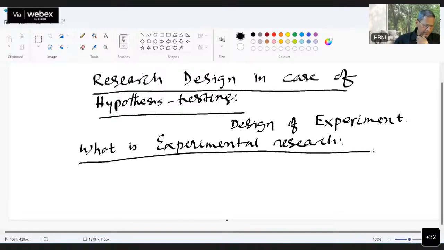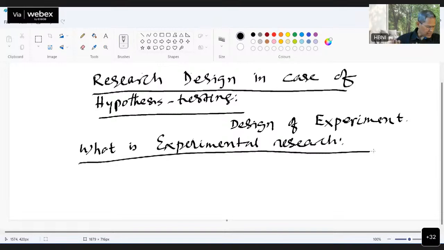The main purpose of experimental research is to establish evidence-based relationship between variables that we have discussed many times, cause and effect. Deliberate manipulation of one or more variables while trying to keep all other variables constant.